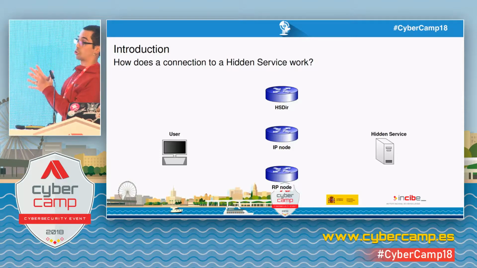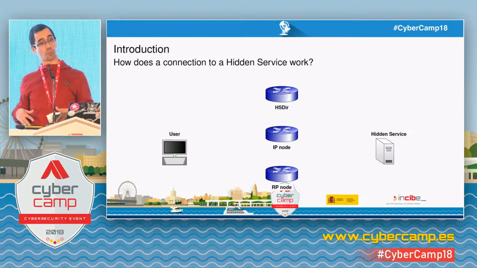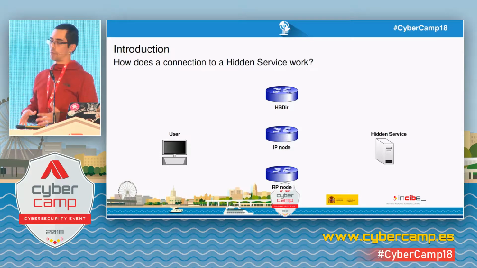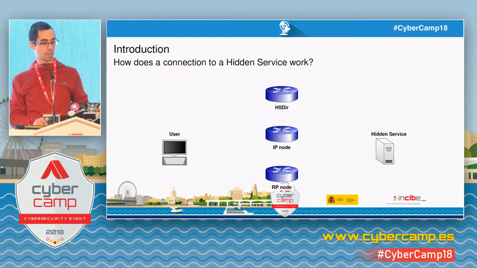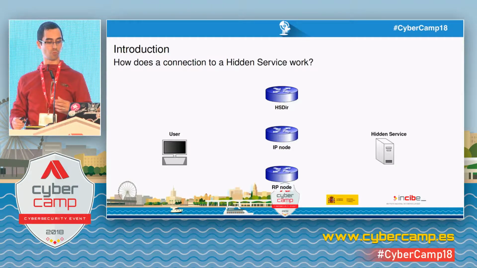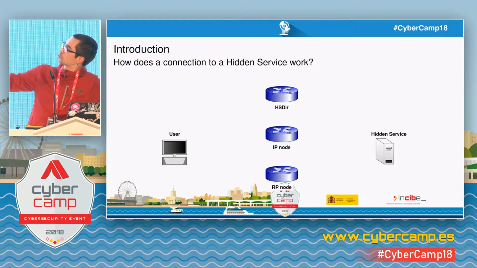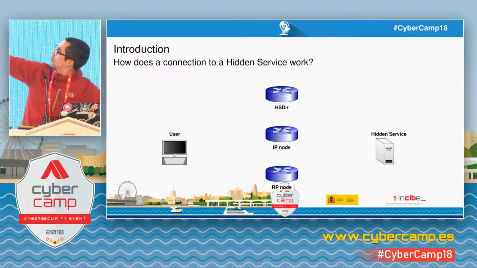Well, I said before that I would skip a slide, and I did it on purpose because I wanted to show this diagram, because this one is self-explanatory. So on the left we have a user, and on the right we have a hidden service.